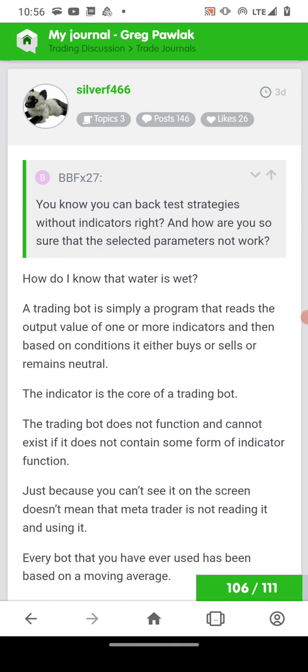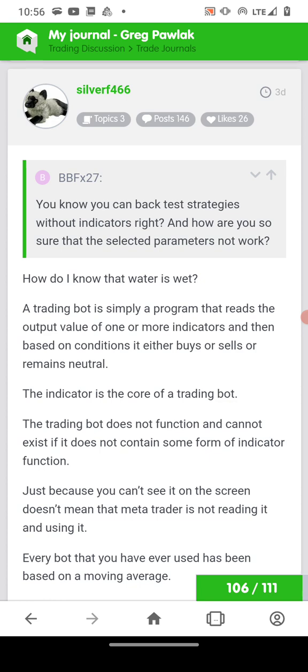And all you can do with a trading system is say, okay, let's take my program or visually look at that indicator, and then based on the value of that indicator, at certain levels you will buy, at certain levels you will sell, at certain levels you will close those trades. And then at certain levels you will remain neutral with no trades.